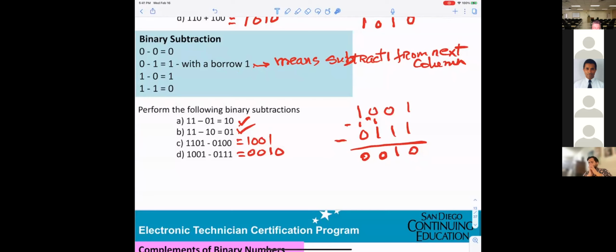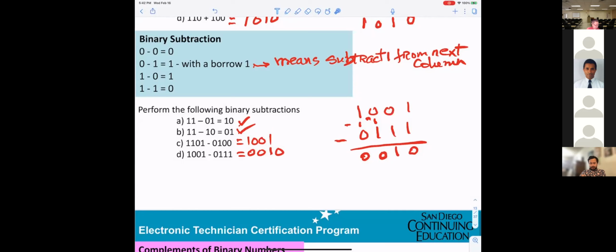Then you get a 1. However, still borrow 1. The answer 1 here will be minus 1, you get a 0, and you still get a borrow 1. So you still have to subtract 1 from the next column. So 1 minus 1, you get a 0. 0 minus 0, you get a 0. Okay, thank you. Anyone confused about anything, you cannot follow it, just let me know. I can slow it down.